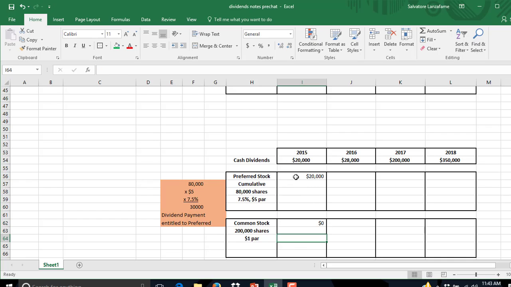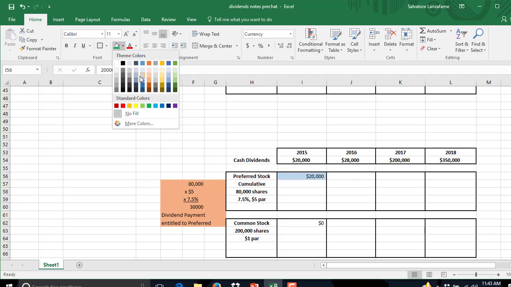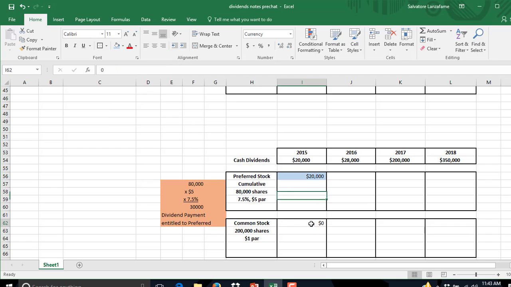So from that perspective, we don't see any change from the first scenario to this one. However, because this is cumulative preferred stock, the company is going to keep track of what they owe the preferred stockholders, and what's going to happen is now there's going to be $10,000 that is owed to preferred, and the corporation refers to this as arrearage.